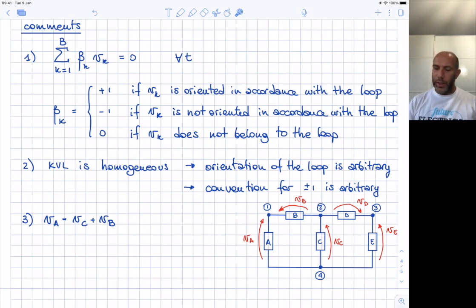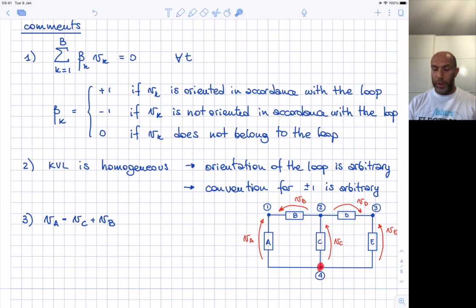Suppose that we are in node 4. In node 4 we have the potential of node 4. And we want to move from the potential of node 4 to the potential of node 1. In this case, we can make a single jump using the voltage VA. So VA is the voltage that allows us to increase the potential of node 4 to the potential of node 1. Or we can make two steps.